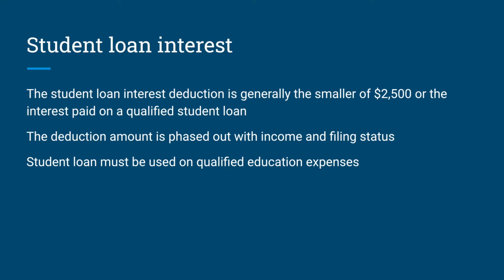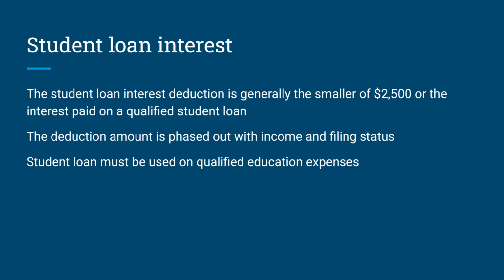So it's really important to reference publication 4012 and make sure that you're always using your resources to ensure that you are calculating the correct amounts when you have to. Another criterion here, and you're probably seeing a theme with regard to education, is that the student loan must be used on qualified education expenses, and it should come as no surprise that the IRS has a specific definition of what qualified education expenses are.